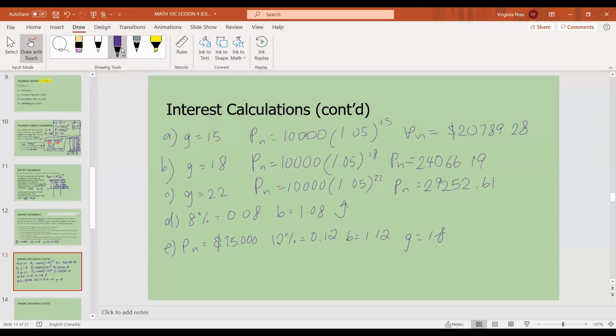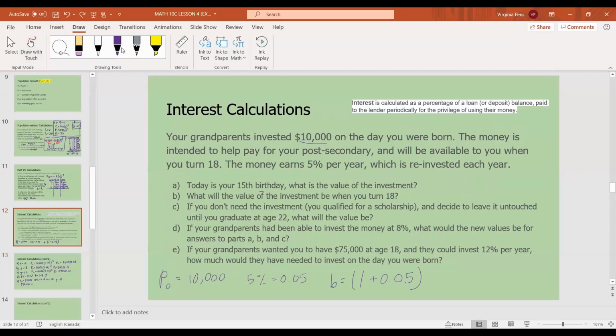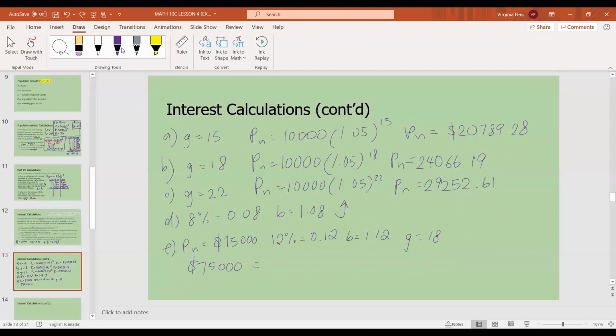So even though this is kind of a different style of question, we still approach it the same way. We still put these numbers into the formula. Pn times our starting value. Oh, wait a second. We don't know our starting value, because it's asking how much they would have invested on the day you were born.